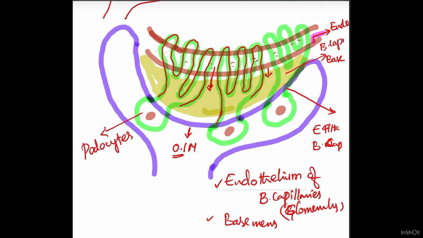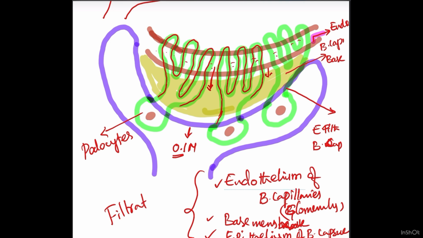That's the acellular substance. And the last one is the epithelium of the Bowman's capsule.